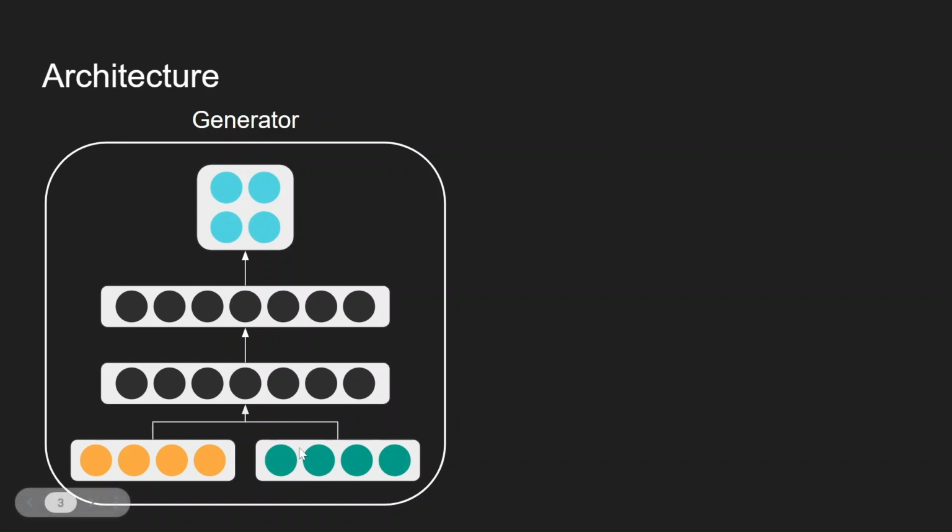And then we are going to give them to some layers that could be dense layers or convolutional layers. In the original paper in 2014 they just used dense layers, but we are going to use convolutional layers because on images convolutional layers perform better than dense layers. So consider these dark circles like our convolutional layers, and finally it will generate an image.